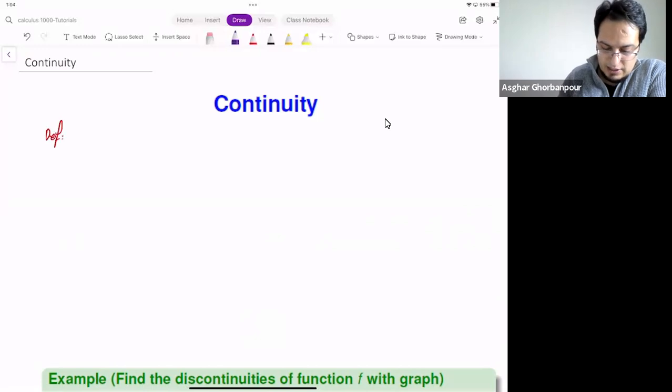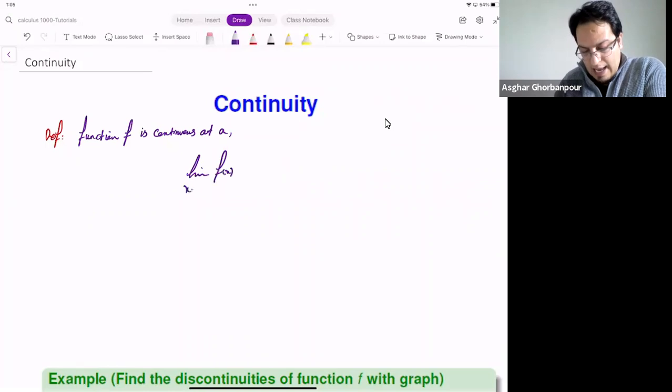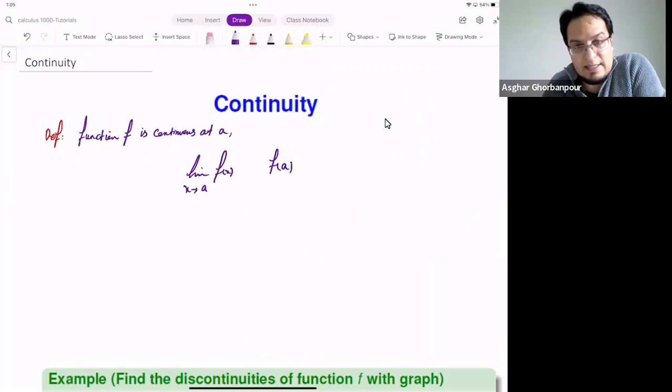A function f is continuous at a point A, where we are assuming that function f is defined around A, if the limit of the function as x goes to A exists, the function is defined at A, and you can find its value.